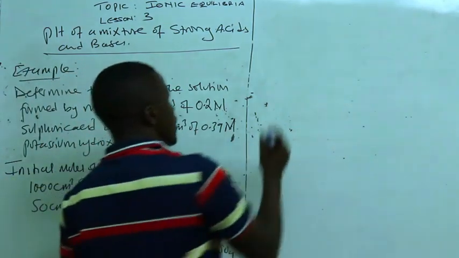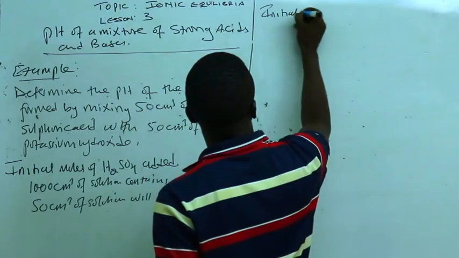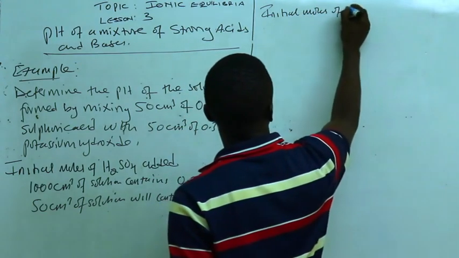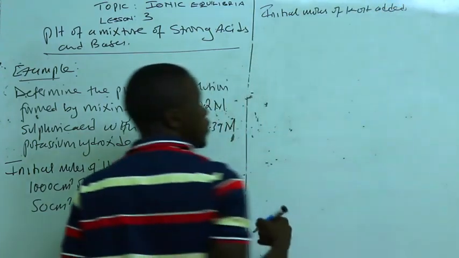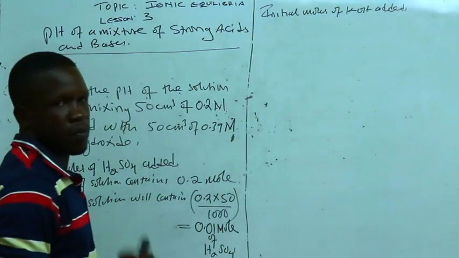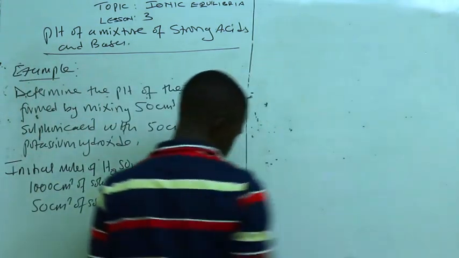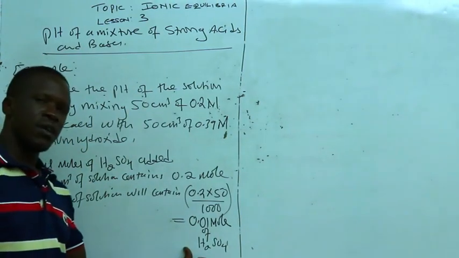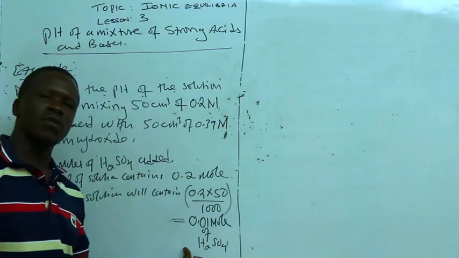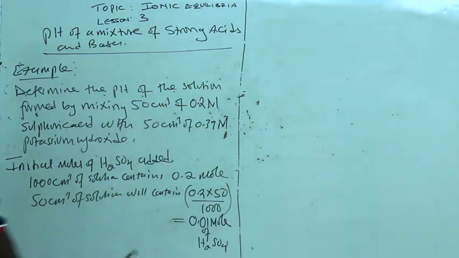Now, how many initial moles of potassium hydroxide were added? Before we look at that, because we are not interested in the sulfuric acid as far as pH is concerned, we are interested in the hydrogen ions. So we would find out the moles of hydrogen ions in sulfuric acid.